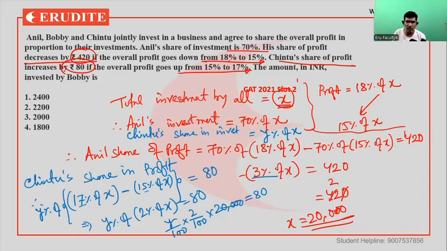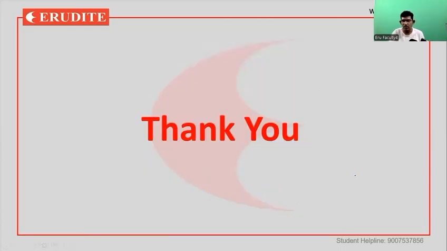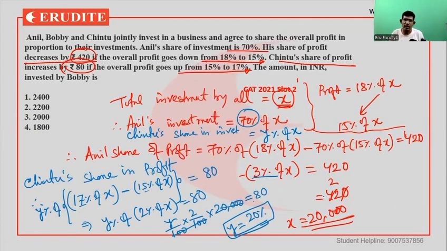So from this, this is cancelled, and y will be equal to 20. That means Chintu's share in investment is 20%. Anil is 70%. That means Bobby is left with what? 70 plus 20, 90. So Bobby is left with 10% only.